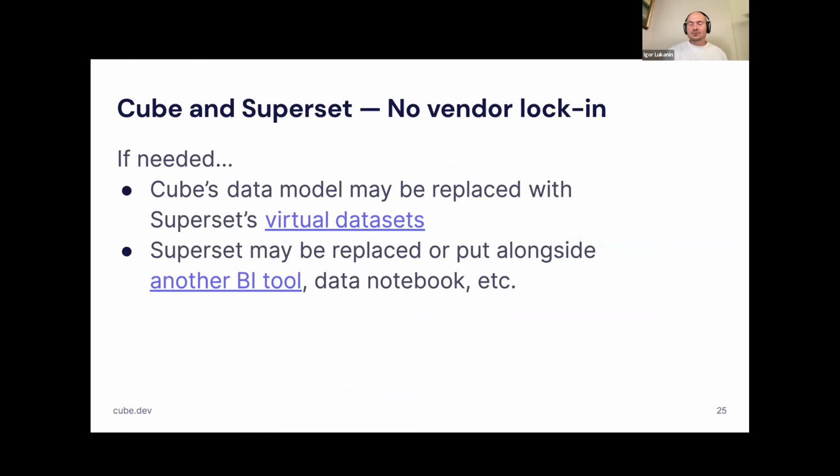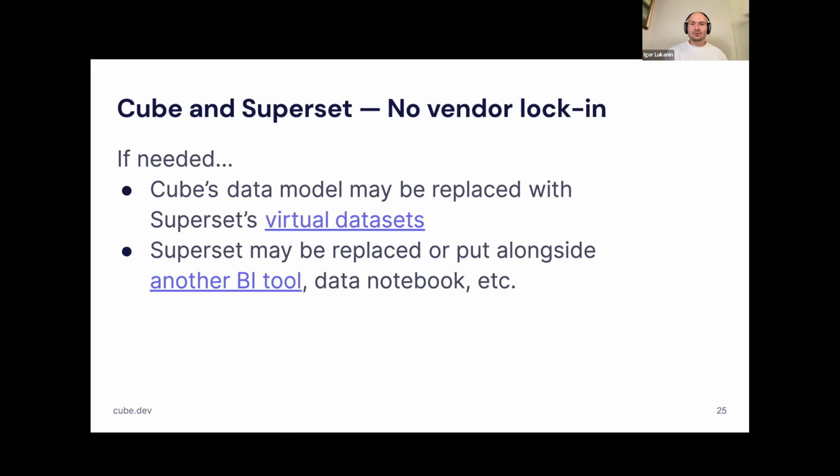This is what you can do if you have a couple of separate tools in your pipeline. And if you want to use not only a BI tool, but maybe a data notebook alongside Superset or something else like a machine learning pipeline, then you can just leverage the other APIs that Cube provides, and you'll be good.